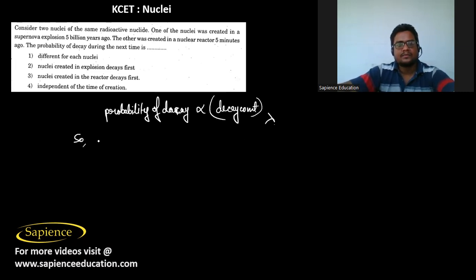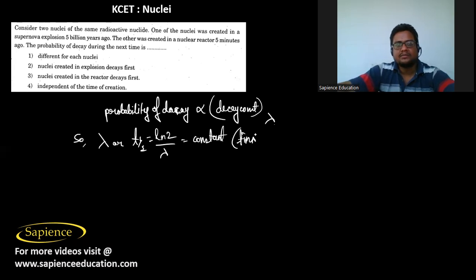We know that lambda, or the half life, which is equal to ln2 by lambda, these values are constant, and independent of the time at which the radioactive nuclei is created.